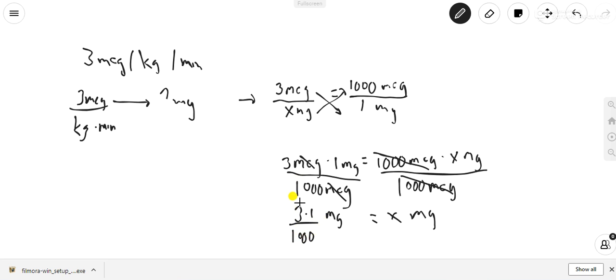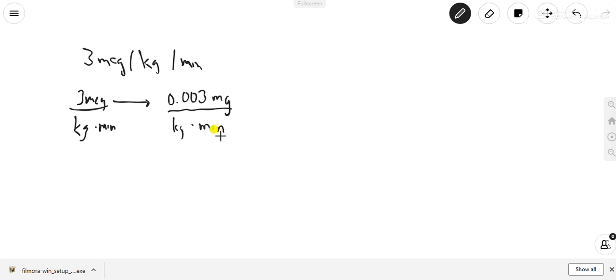Well, we know that this top part with the 3 is just 3, and that's 3 divided by 1,000. So that gives us 0.003 milligrams. So x, which is in milligrams, is equal to 0.003 milligrams. So we have 0.003 milligrams over kilogram times minute, and we just converted that.